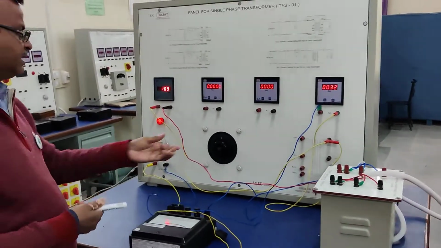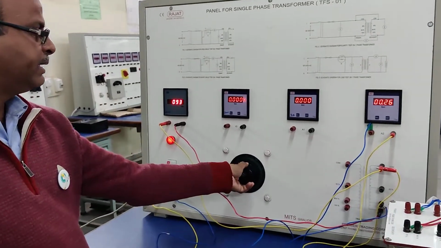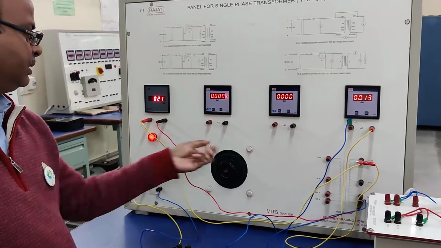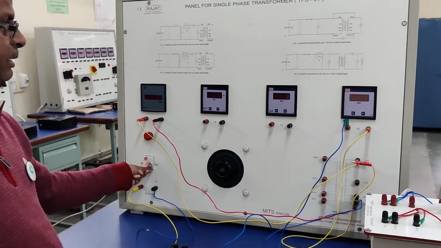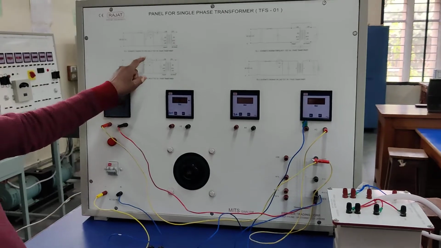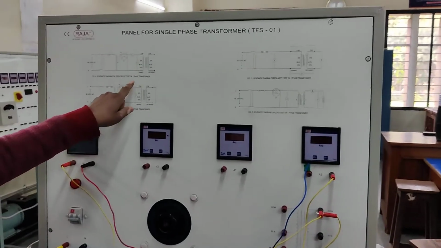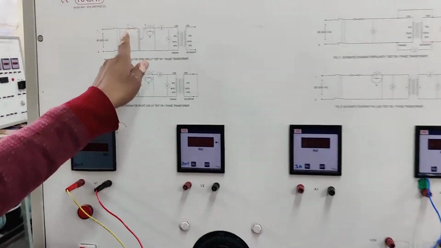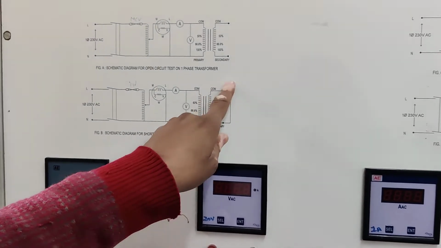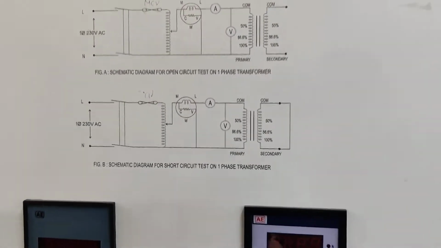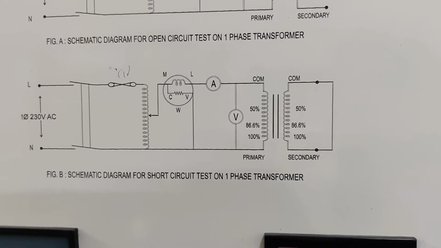For the short circuit test, first of all reduce the voltage to 0 and switch off. It is just the opposite: the supply is given to the high voltage side and the low voltage side is shorted. So we just change the terminals.